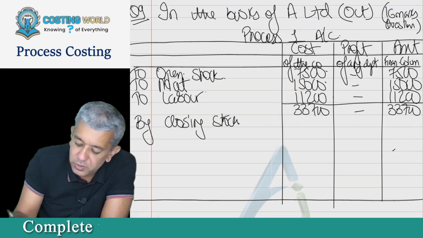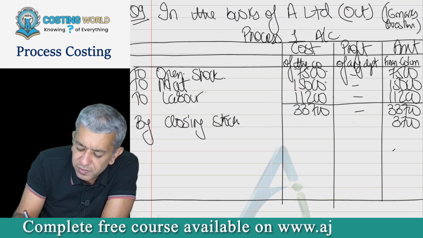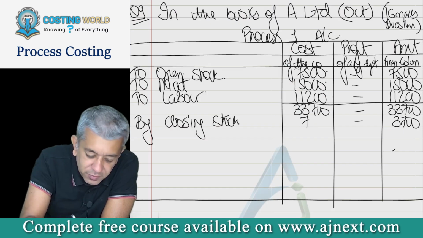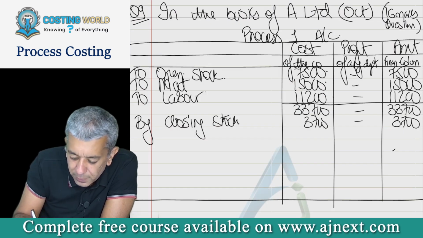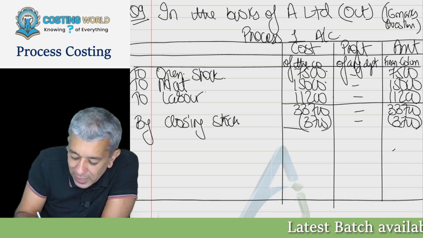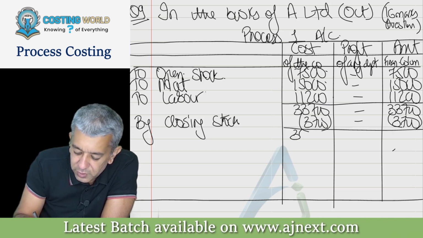Closing stock 3,700. Obviously, that also cannot have any profit. When you reduce anything, put it in brackets. In the exam, you will start to add it. So therefore, this is 30,000.